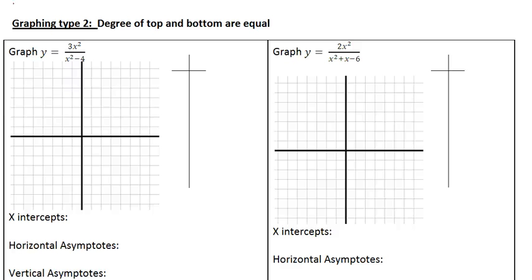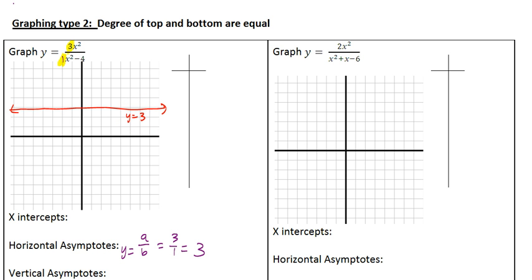Since the degrees are equal, my horizontal asymptote is y equals a over b, which just means the coefficients of my 2 polynomials. If there's nothing in front, it's like a 1. So here my asymptote is at 3 over 1, or 3. So y equals 3 is my horizontal asymptote.